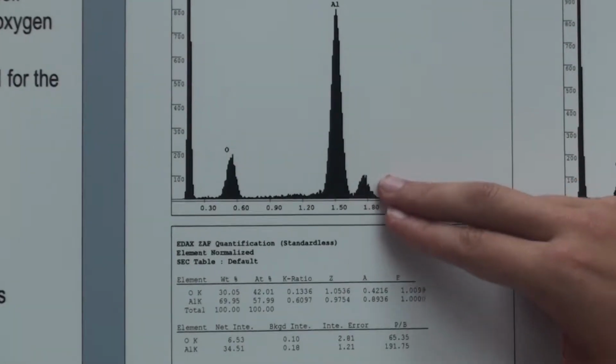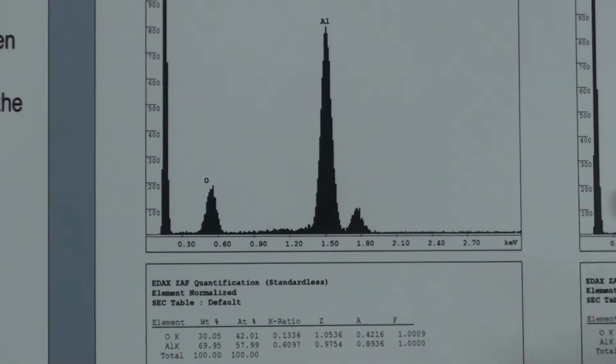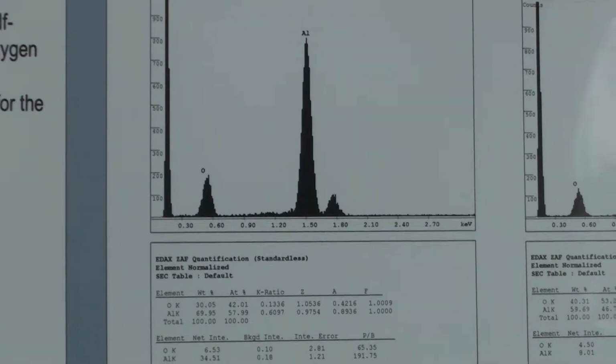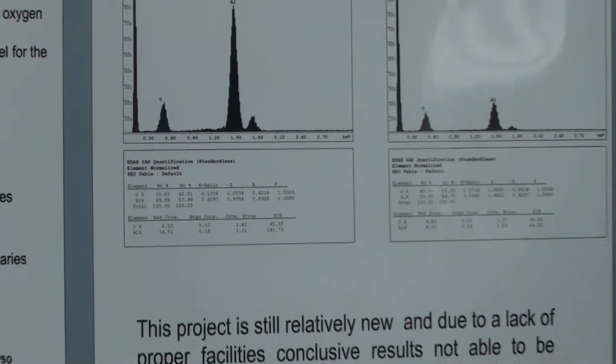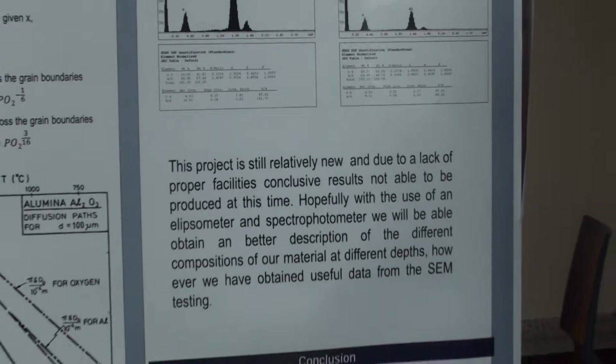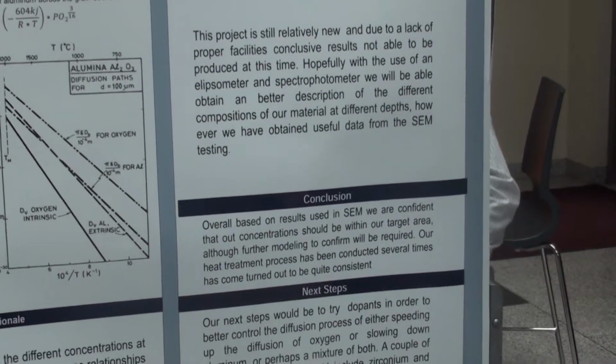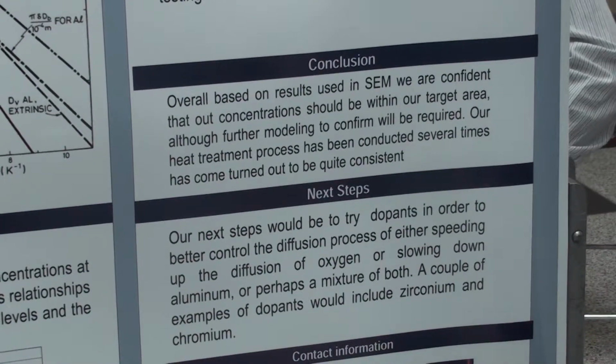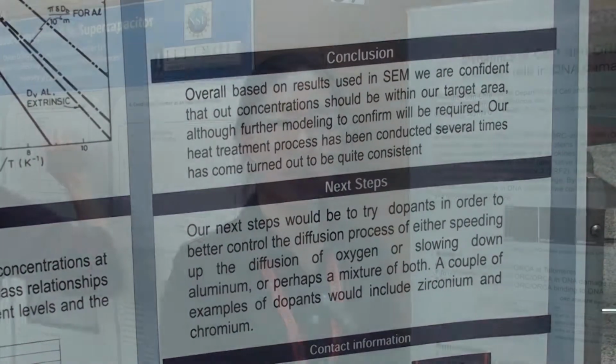And at 15 kilovolts, you're getting a lot more aluminum, which is pretty much what we want, because we want to keep the light in as it passes that oxide layer. Our next step is to introduce some other dopants, which help the diffusion rates of aluminum and oxygen.